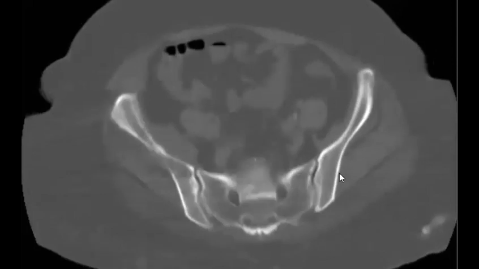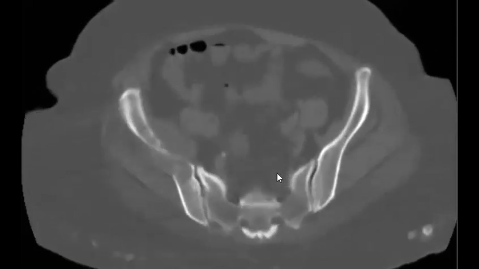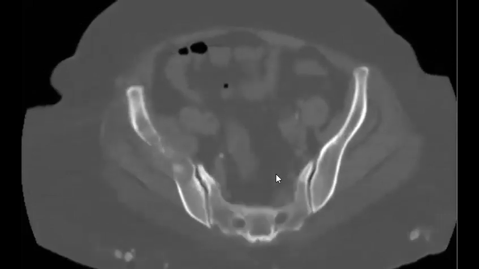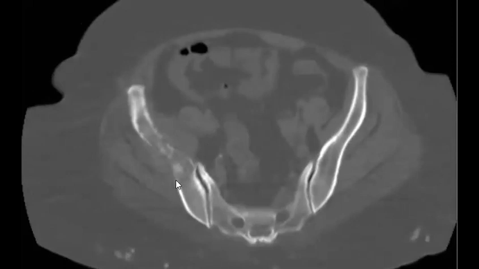Yes, perfect. Kareem, right iliac lesion with soft tissue component. How do you describe this iliac lesion? Perfect, iPhone, yes.